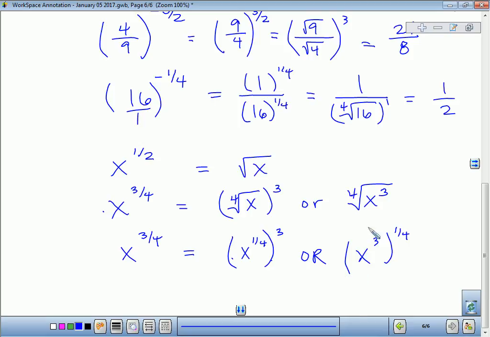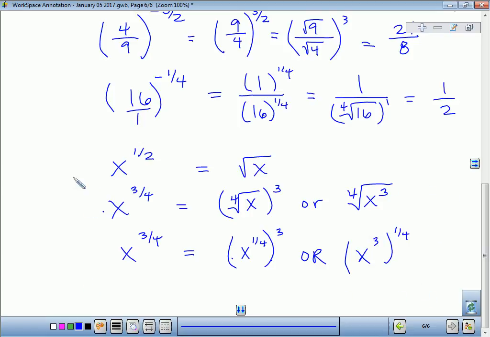All those are equivalent. Now the reason I tell you that is because if you see this on an SAT or an ACT, they're probably going to give you 3 choices that are right and 1 choice that's wrong. And all of these mean the same thing.